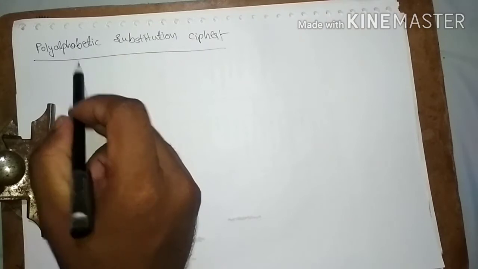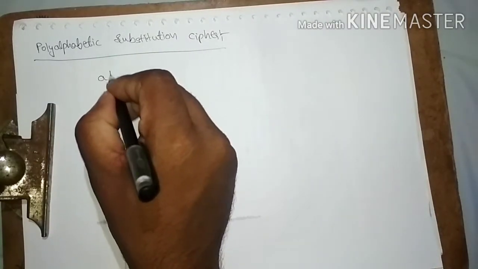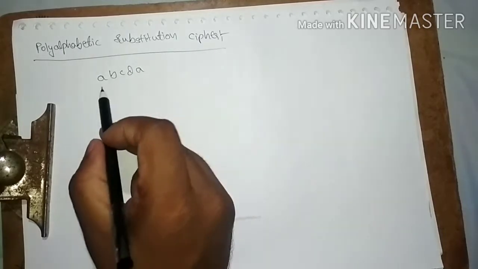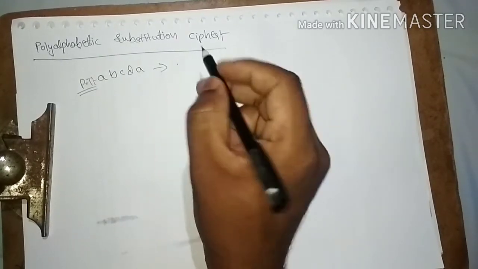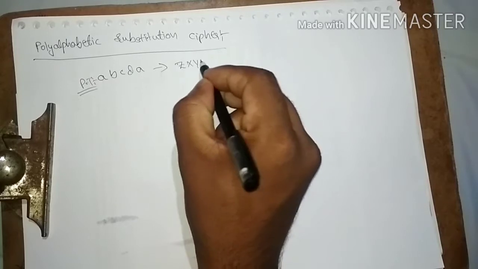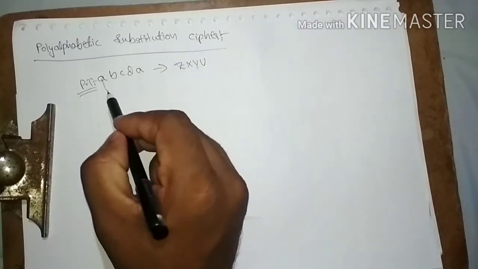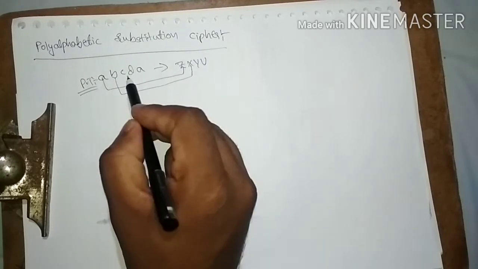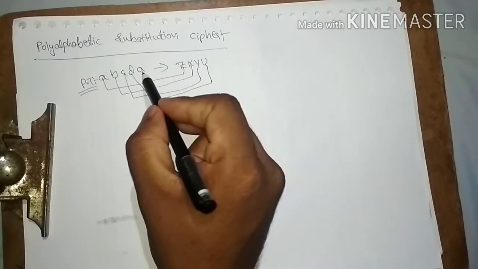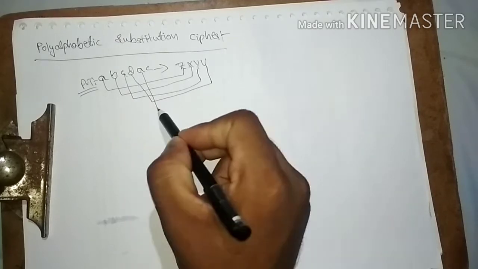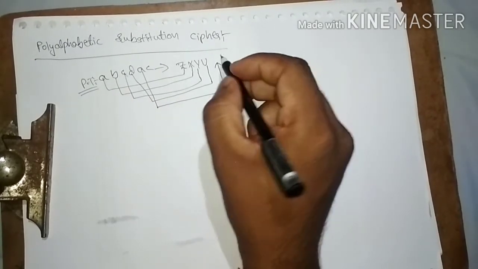In monoalphabetic substitution cipher, we are using only one plain text to one symbol, but here polyalphabetic means, for example, this is the plain text, so the cipher text is: A is Z, B is X, C is Y, D is U. Again A, but here we are using another word.